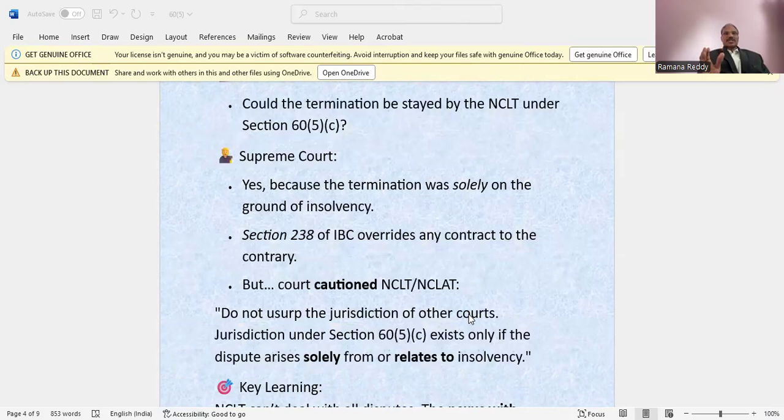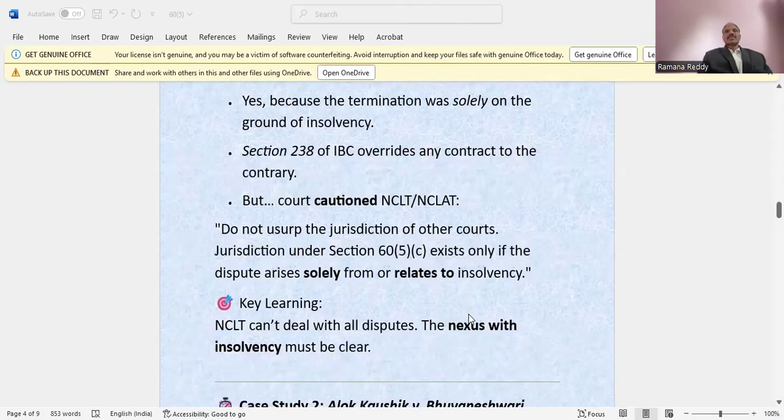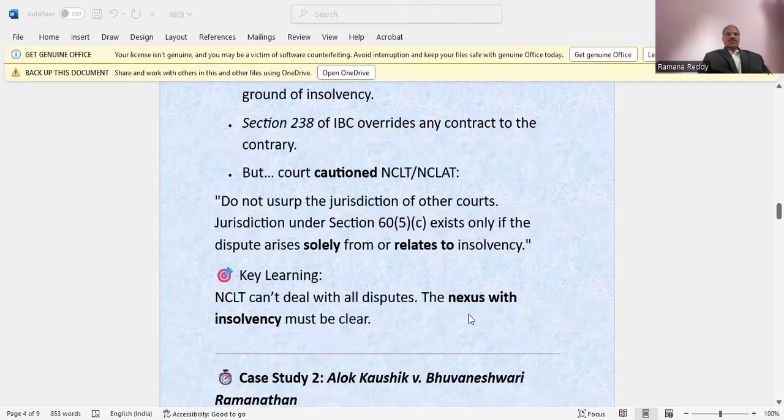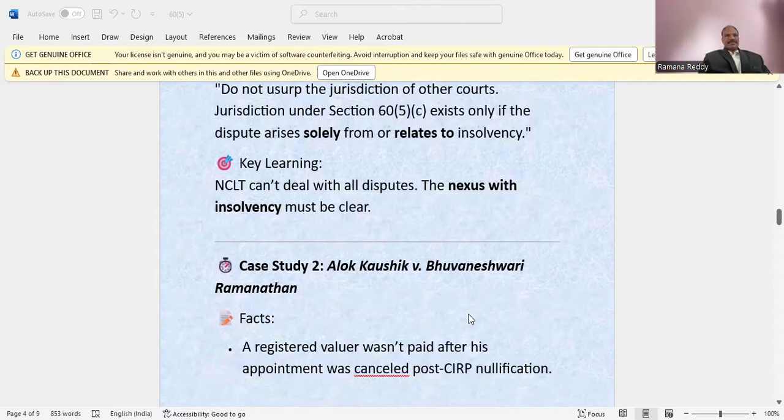Jurisdiction under Section 60, subsection 5C exists only if the dispute arises solely from or relates to insolvency. So the key learning here is NCLT can't deal with all disputes. The nexus with insolvency must be clear.